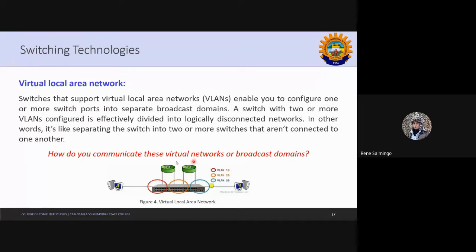You use a switch and, what symbol is this? In order for you to communicate to the network, you use a router, okay? So that's correct. And that's how you establish a virtual local area network.